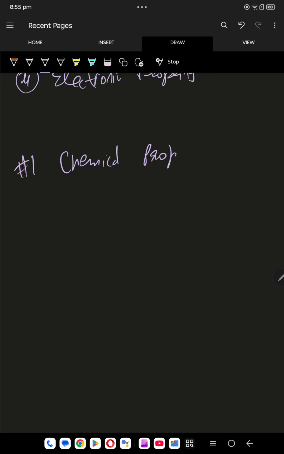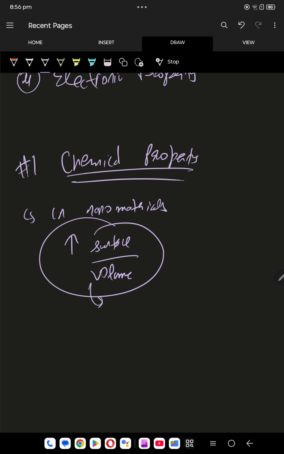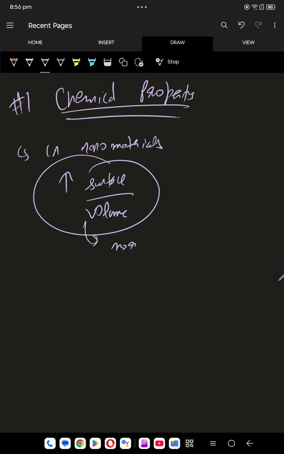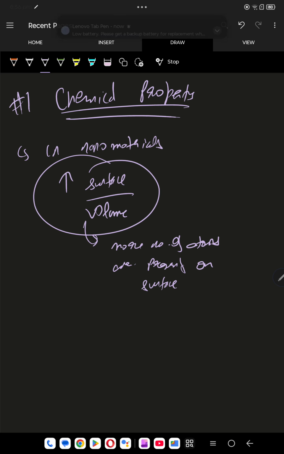What we need to understand here is that nanomaterials have a high surface to volume ratio. Because of this high surface to volume ratio, more number of atoms are present on the surface.